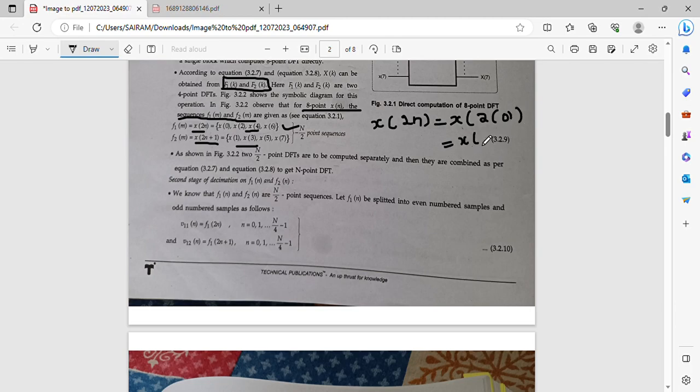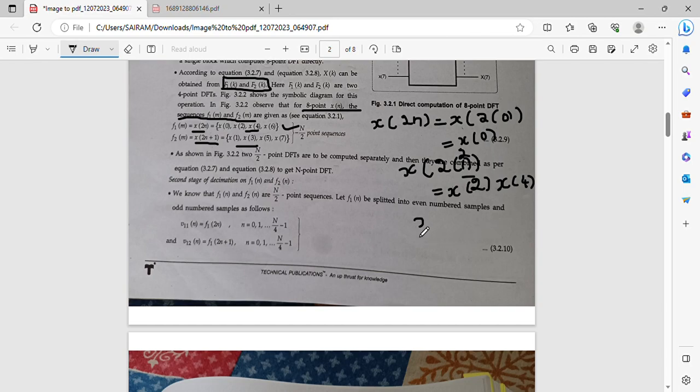Once again, if I substitute n equal to 1, which is equal to x of 2, right? Here if you substitute 2, you get x of 4.